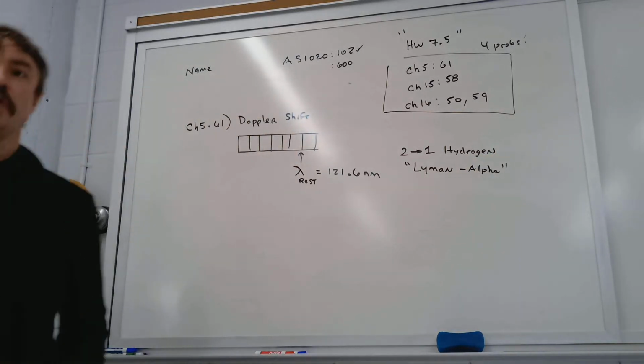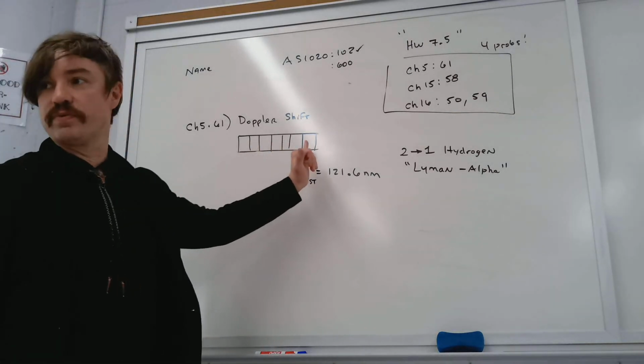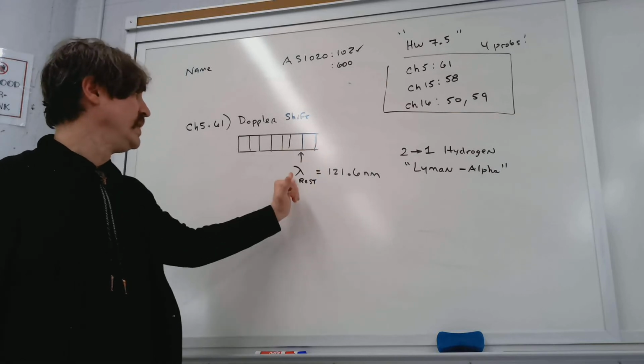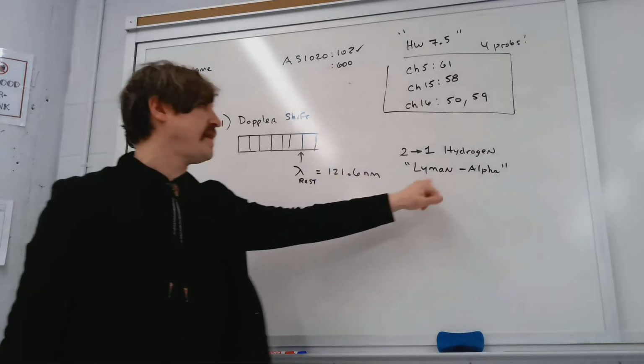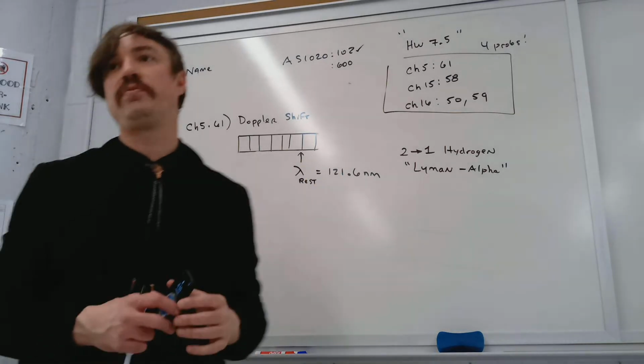Now, the way the Doppler shift works is if a star is at rest with respect to Earth and the Sun, then the Lyman alpha absorption line will be at exactly 121.6 nanometers.